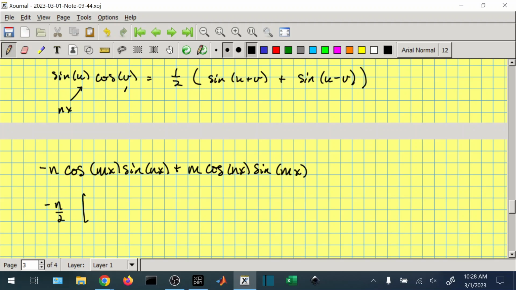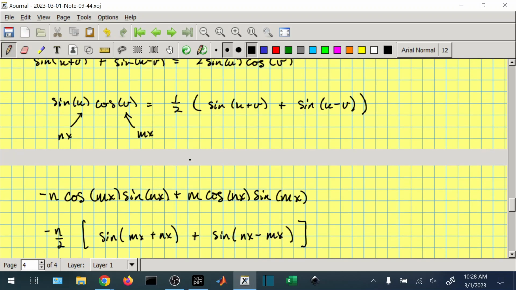So what do we got? We've got sine of mx plus nx, plus sine of, let's see, nx minus mx, plus m over 2.